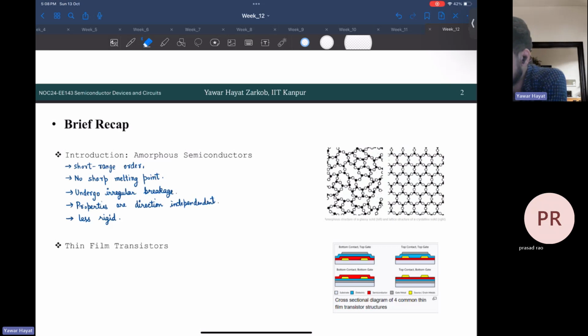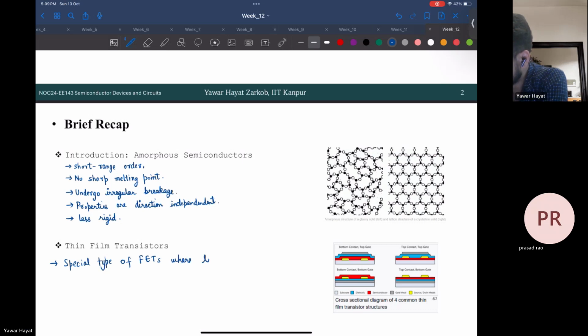So your TFT is a special type of FET where your transistor is made by thin film deposition.